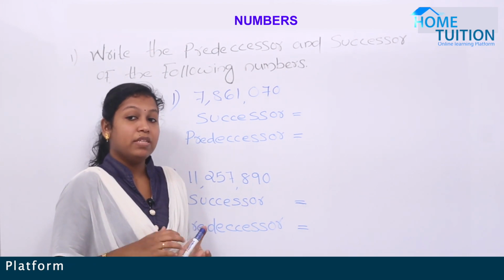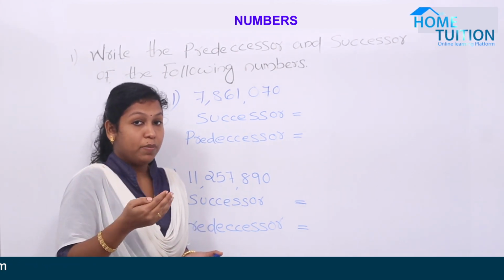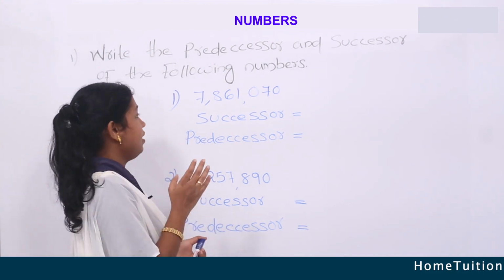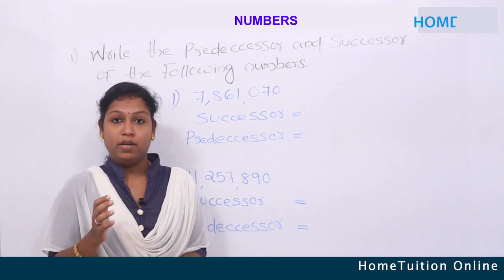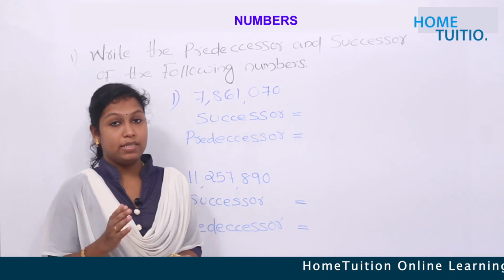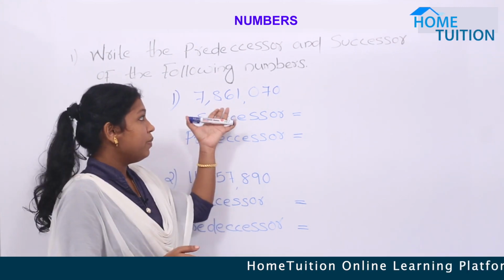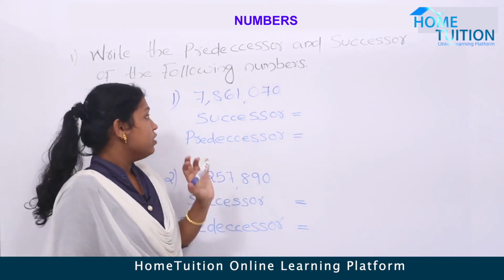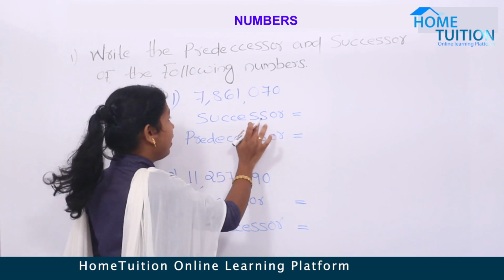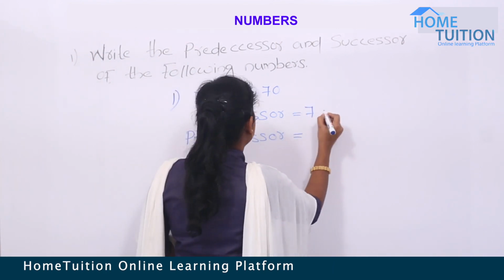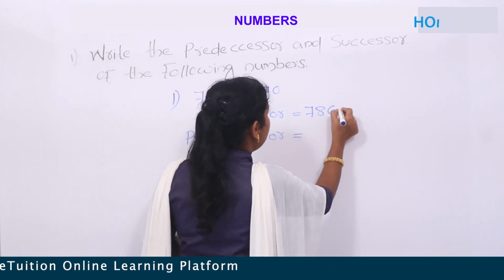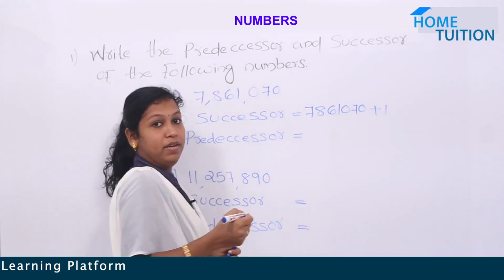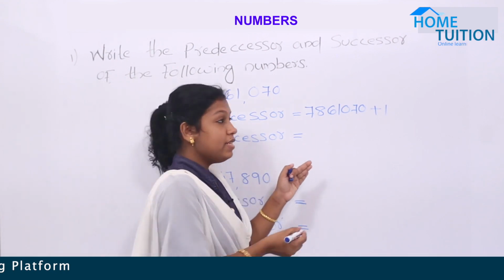We studied the successor. What is a successor? The successor is the number coming just after a number, so it is 1 more. Successor equals number plus 1. So we write 78,61,070 plus 1 is the successor. What do we get?